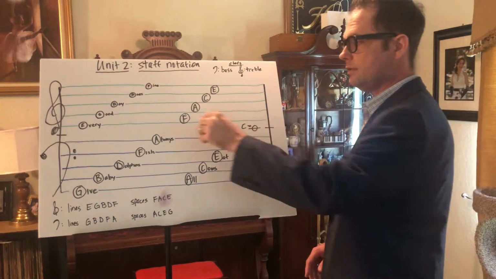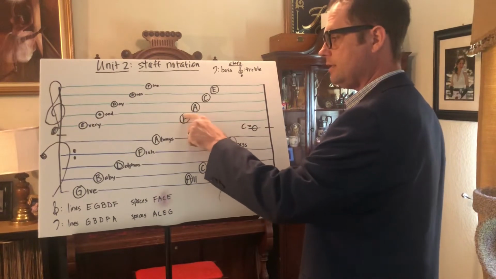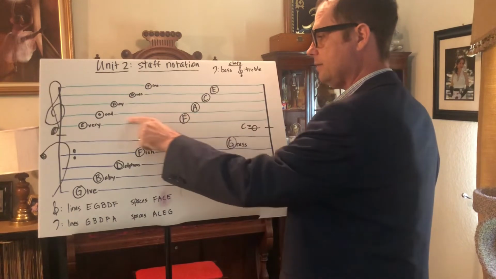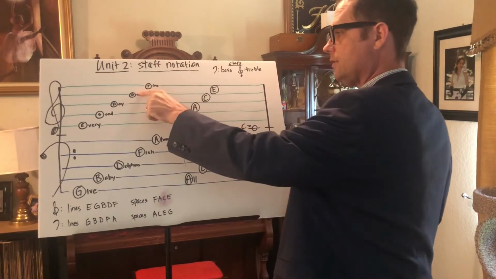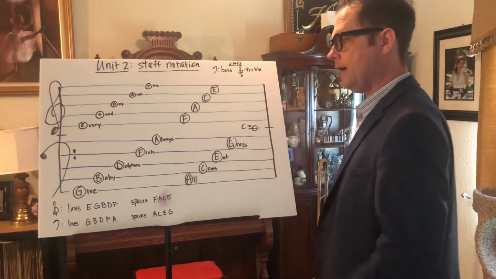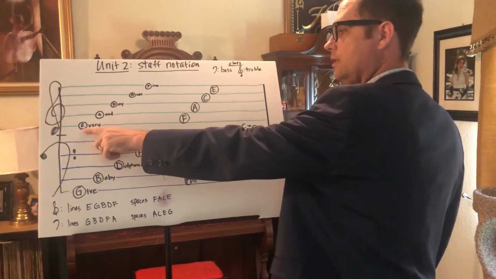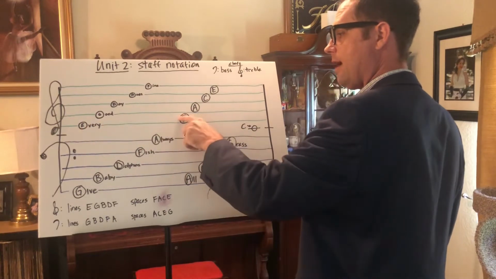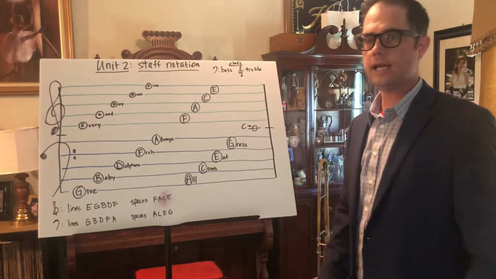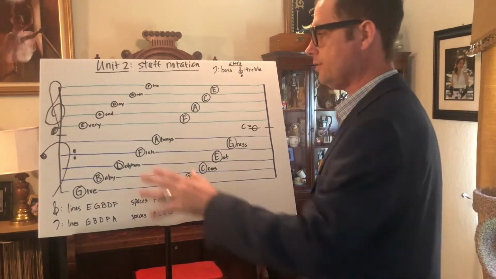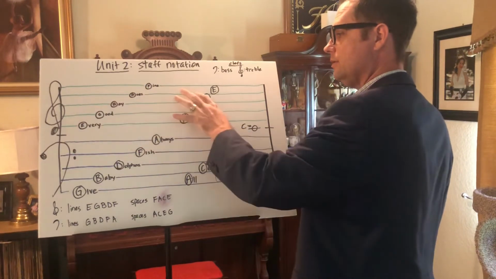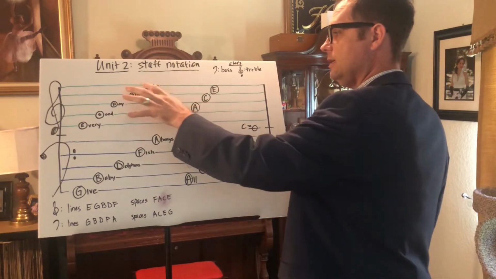Any note drawn on this space is an F, and any note drawn on this line is a D. And check this out: we start with E at the bottom, then go up to F, to G. Our musical alphabet is only A to G, just 7 letters, so after G, we start over with A, B, C, D, E, and F.